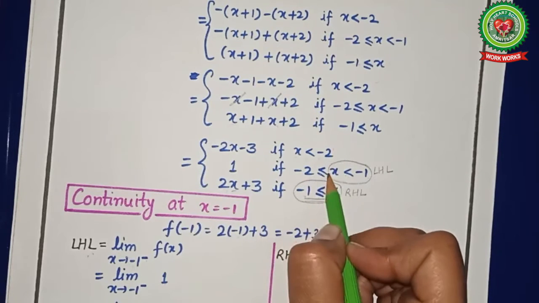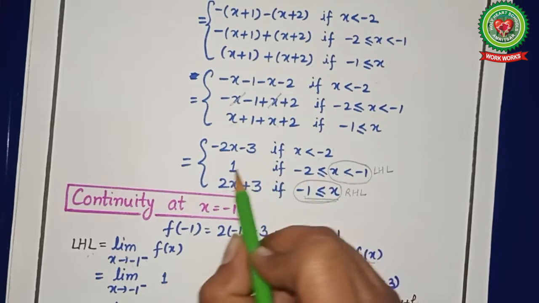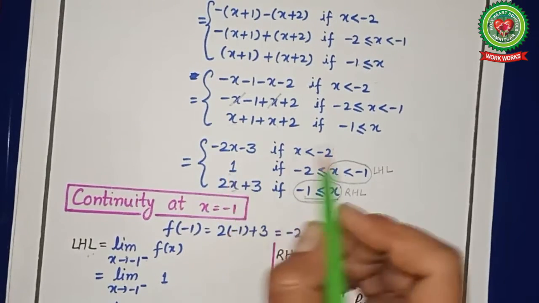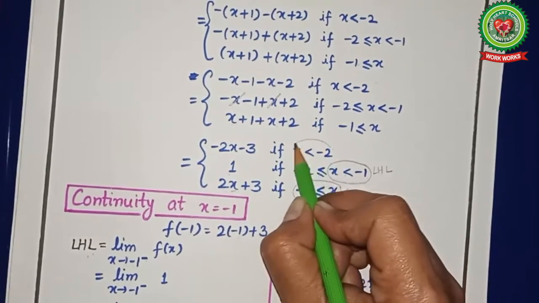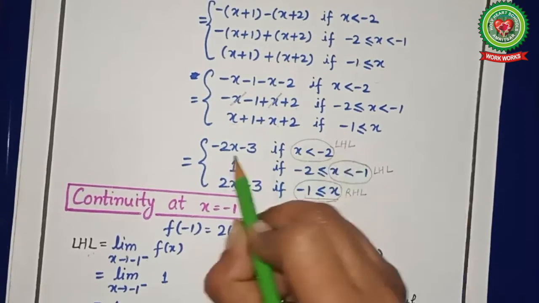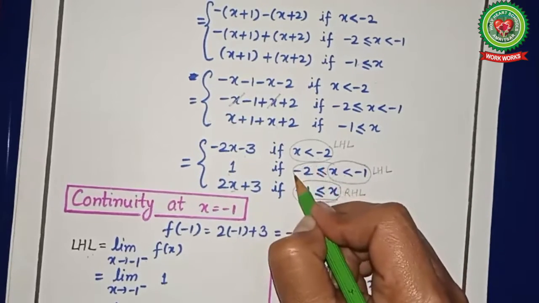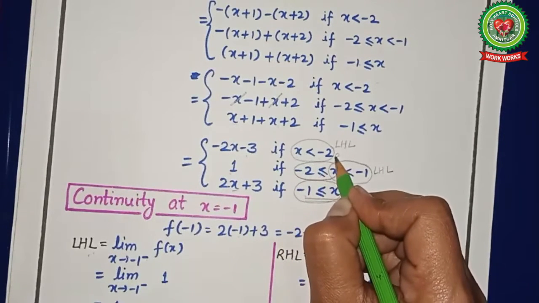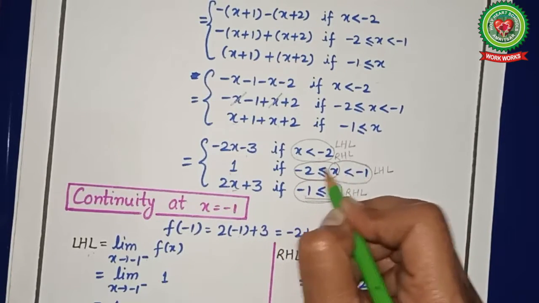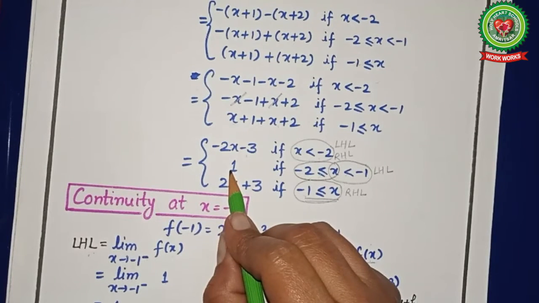When x is equal to minus 2, for the equal to case we are having the same value, it is 1. For x less than minus 2, for the left hand limit we will use the function minus 2x minus 3, and from here we will get the value for the right hand limit. So for x greater than or equal to minus 2, again its value will be 1.